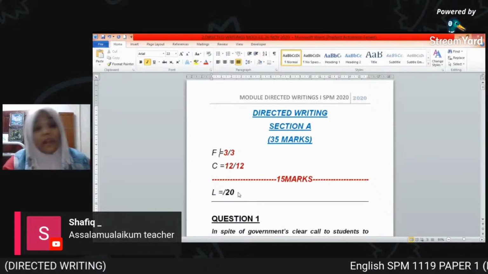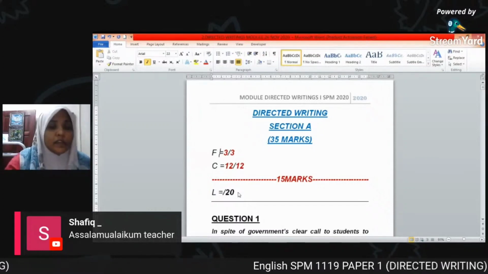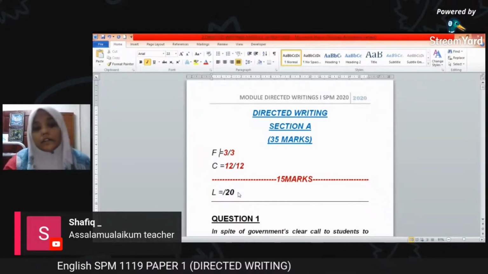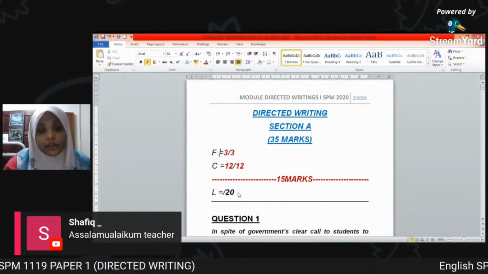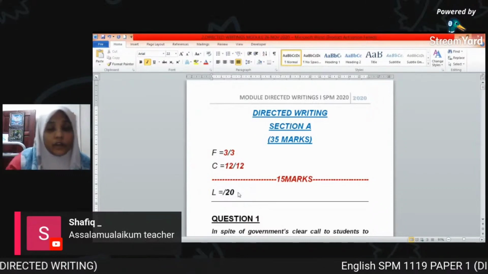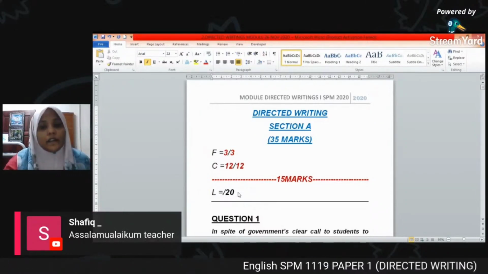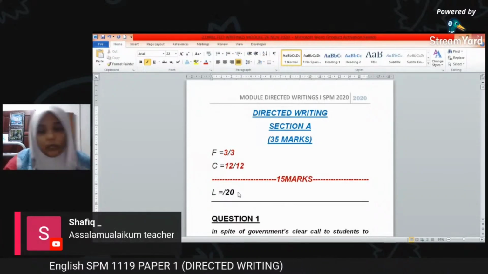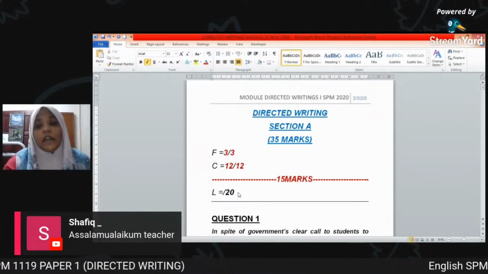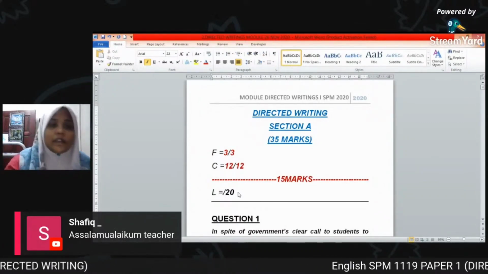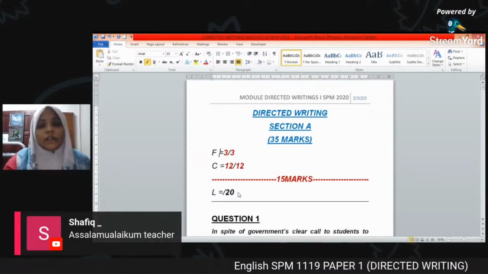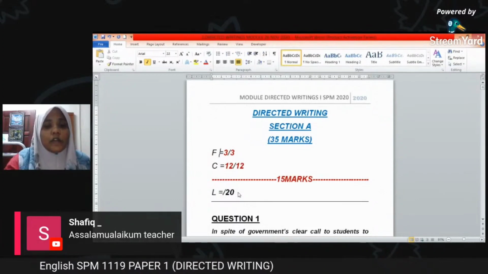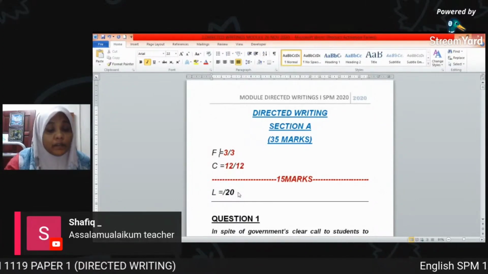So altogether, by right, you should be having 3 plus 10, 13 marks in your hand. Another 2 points you have to write on your own, but I think you wouldn't find any problem getting those 2 points. So I would assume it's easy to get 15 marks in Section A. So what you have to work on is only your language part.